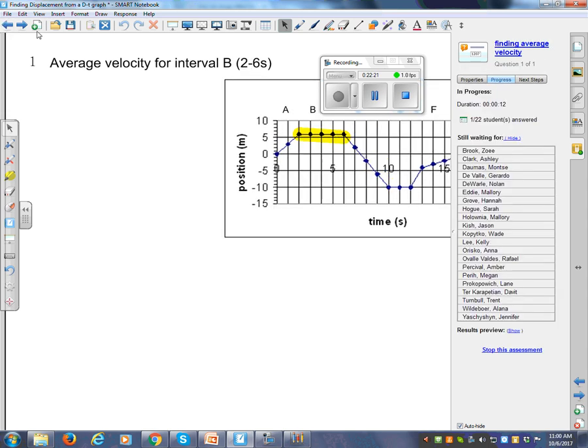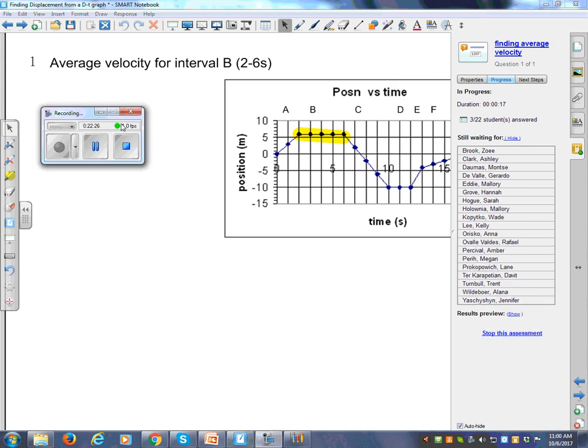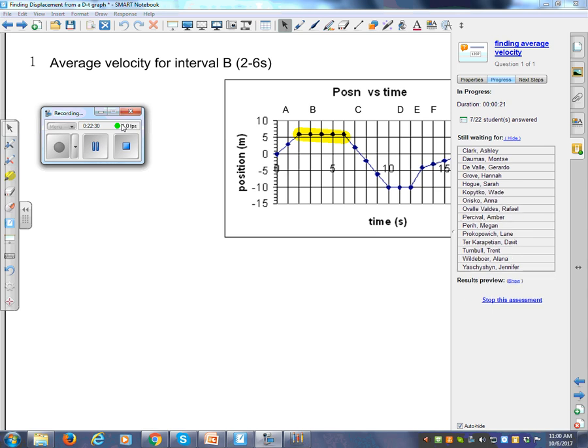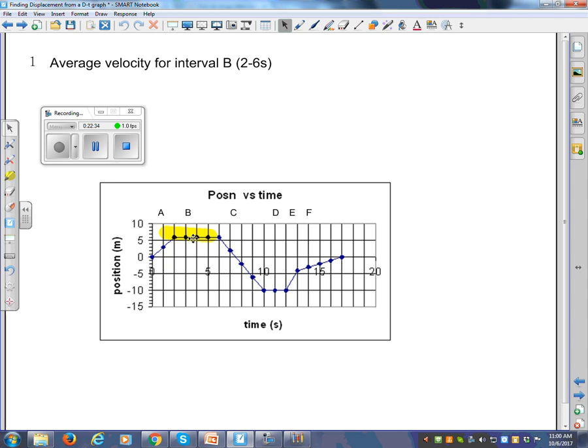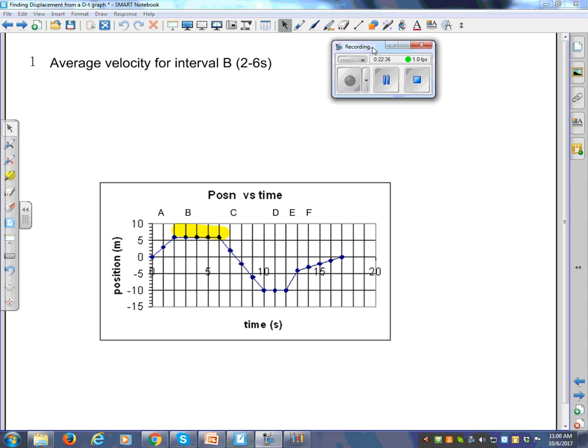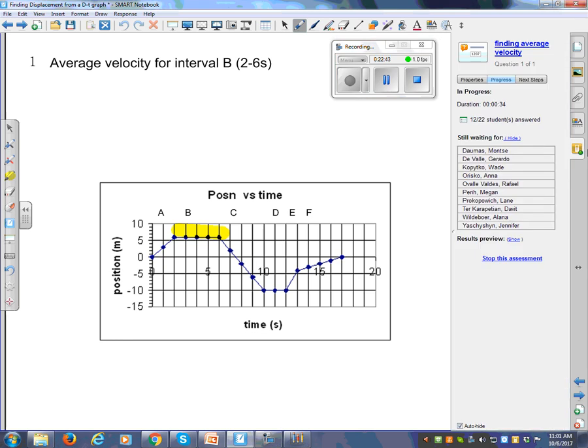Okay, so let's do number 1 then. You're only finding the average velocity for interval B. That's the only one you're doing right now. Remember, it's displacement over time. What was the correct answer for the displacement for B? I think it was 0, right?